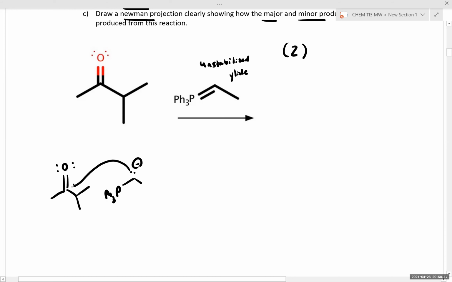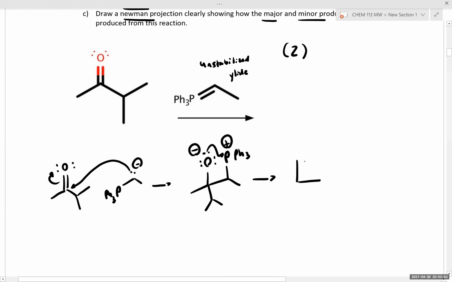So in this case, our nucleophile will add to the carbonyl carbon. From here, we'll generate this alkoxy species, which will then attack our phosphorus atom to make a betaine intermediate.